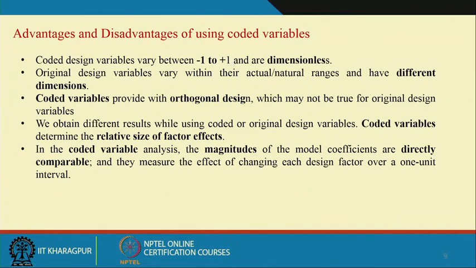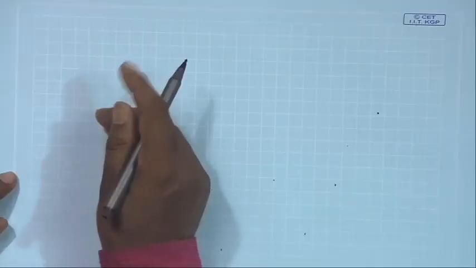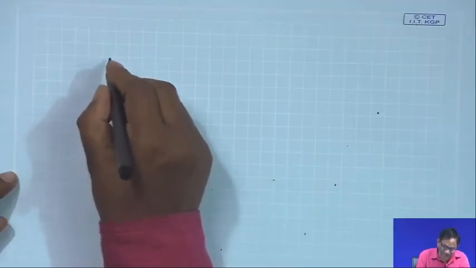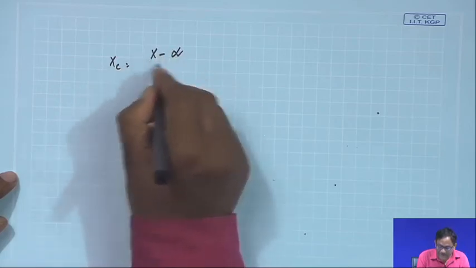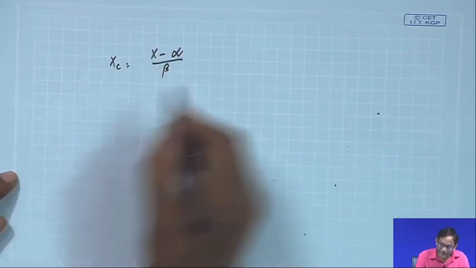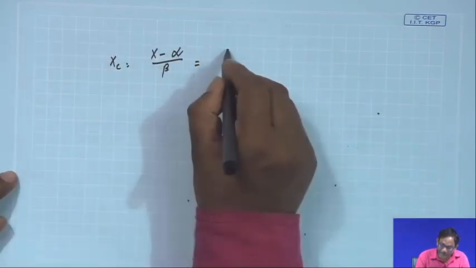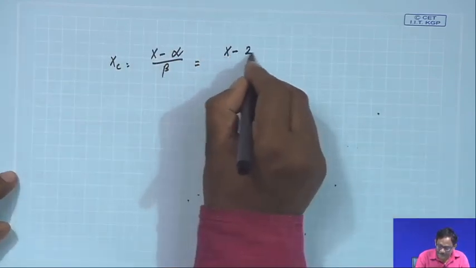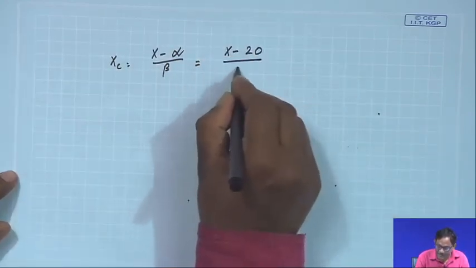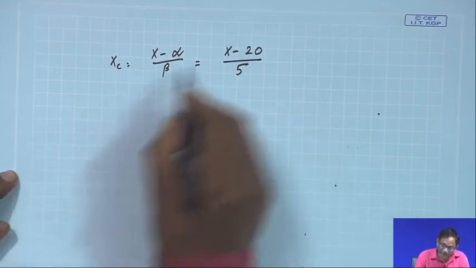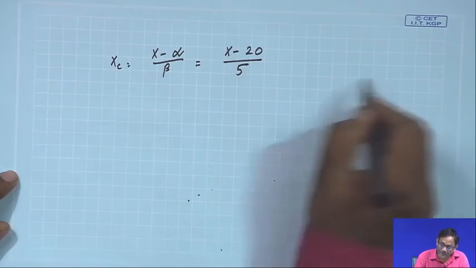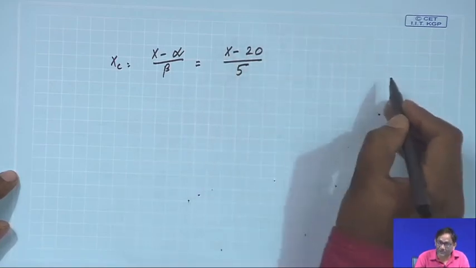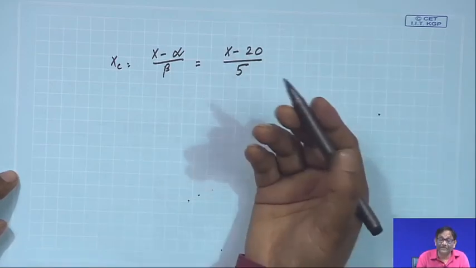For example, what I have given you, x_c equal to (x minus alpha) by beta, and in our example for reactant concentration, this is (x minus 20) by 5. When x equal to x high, you get +1, when x equal to x low, you get -1, but x can be anything in between.